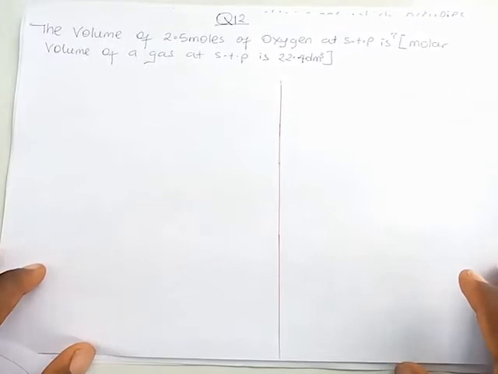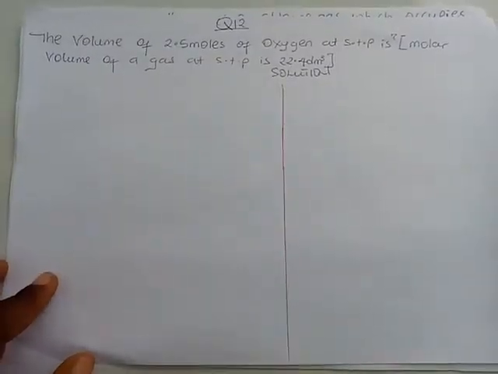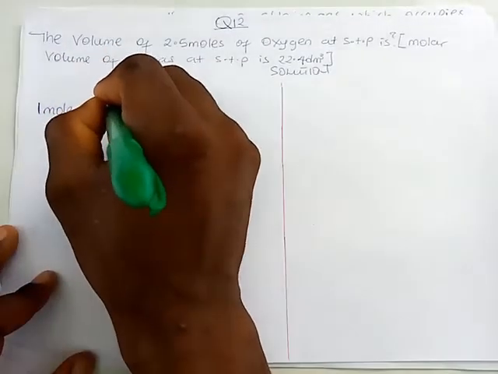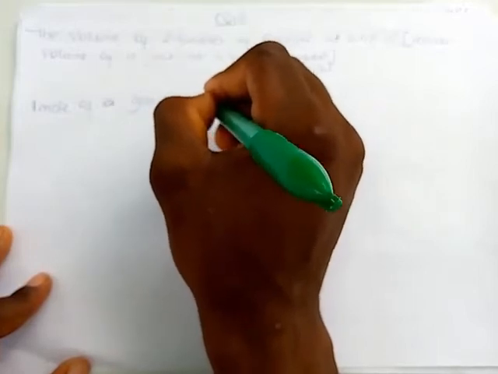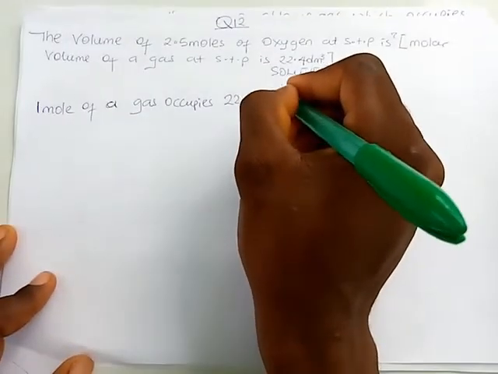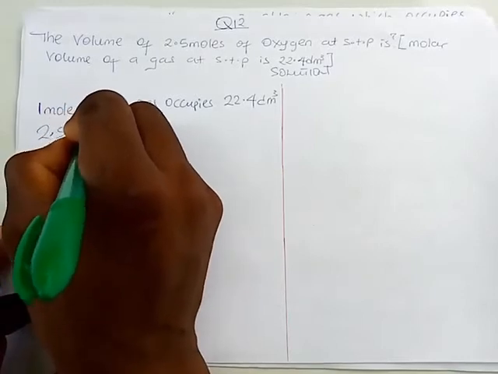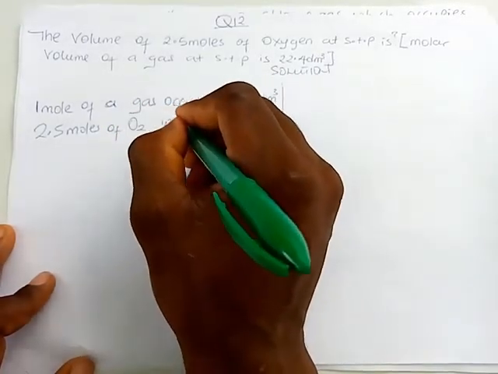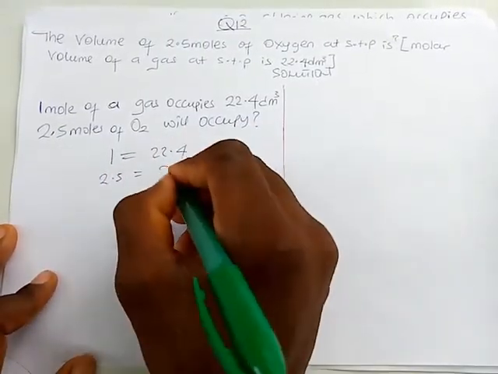Now, solution. This means that 1 mole of a gas occupies 22.4 dm cube. 2.5 moles of oxygen, that's oxygen gas, will occupy, so that's 1 to 22.4, 2.5 is to x.